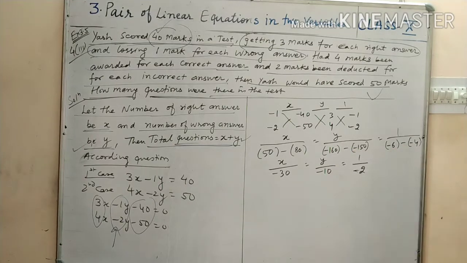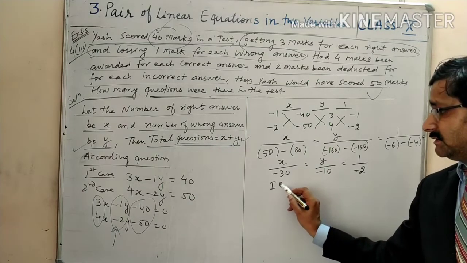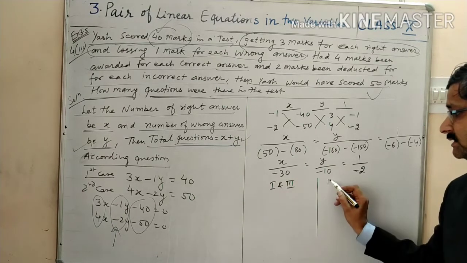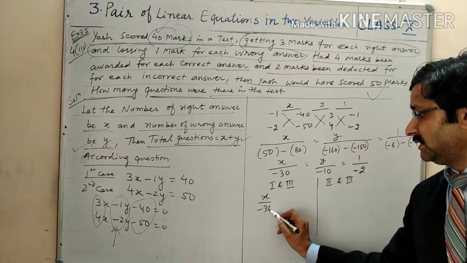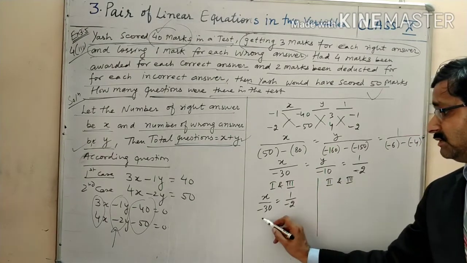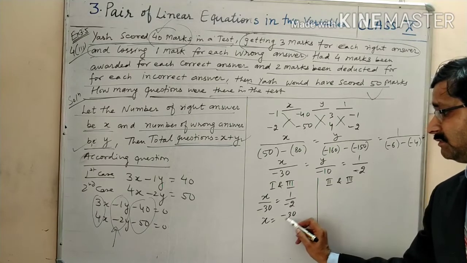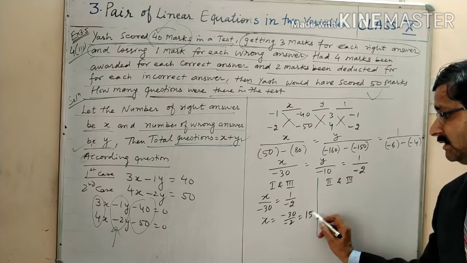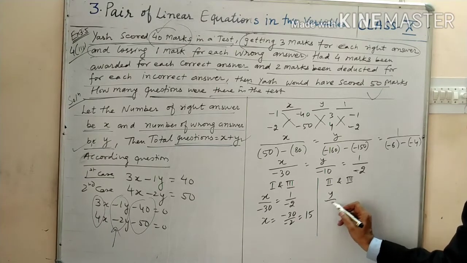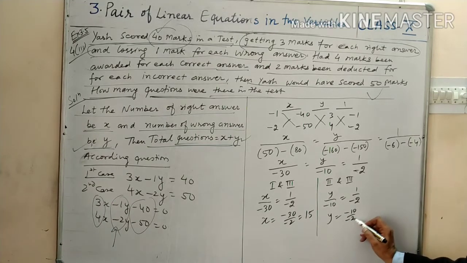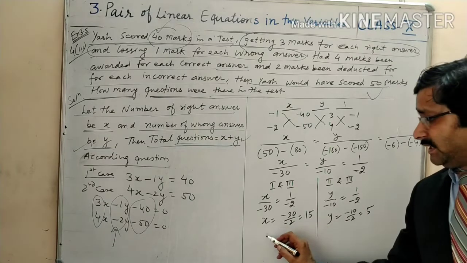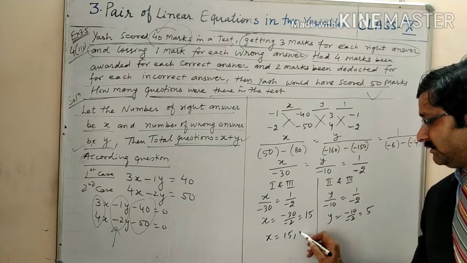Now take first and third: x upon minus 30 equals 1 upon minus 2, so x is 15. Take second and third: y upon minus 10 equals 1 upon minus 2, so y is 5. Means x equals 15 and y equals 5.